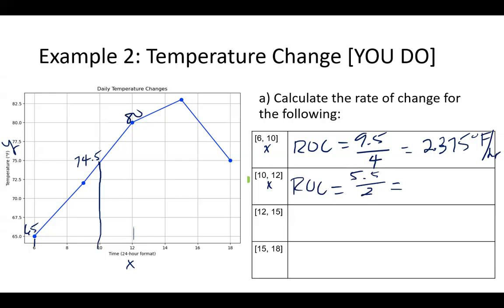And I divide that in half and I get, anybody? 2.75 degrees Fahrenheit per hour. Okay. From 12 to 15. So now we're going from 12, which is at 80, to 15. Pretend that's a straight line.